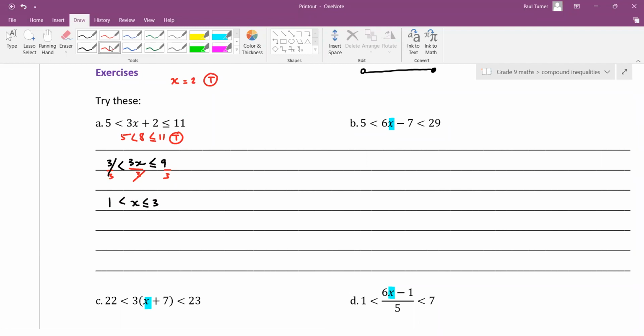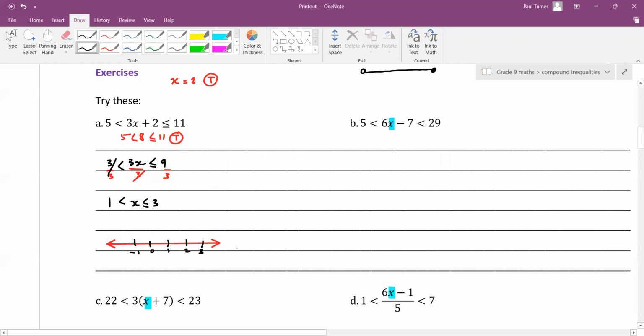Now on your number line, let's use my line tool. There it is. So that looks nicer. So just put that in. You've got 1 to 3, so put -1, 0, 1, 2, 3, like that.